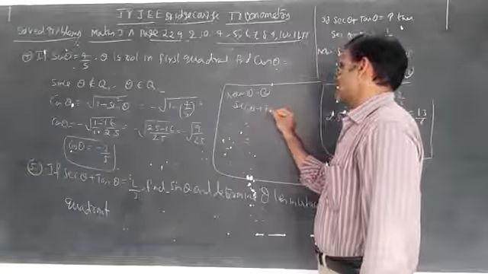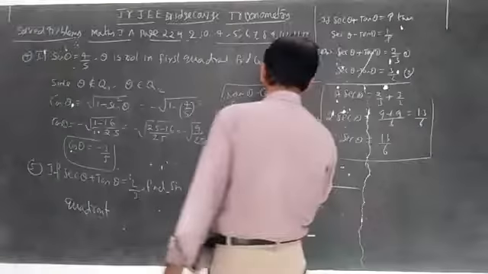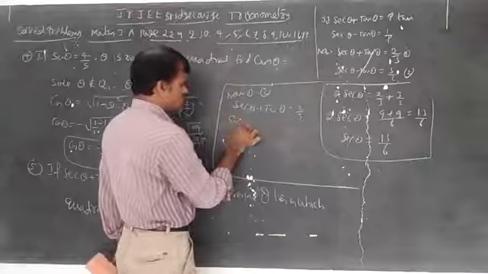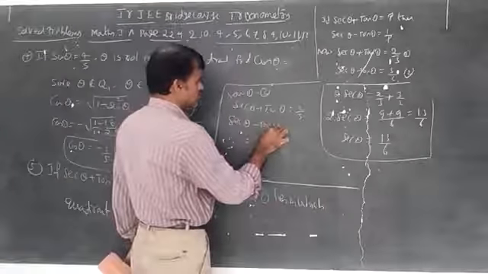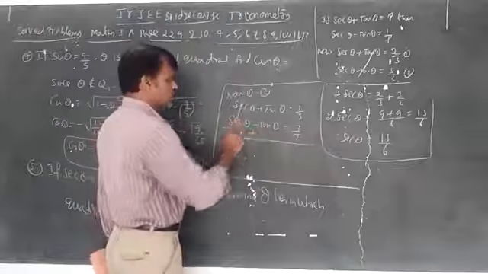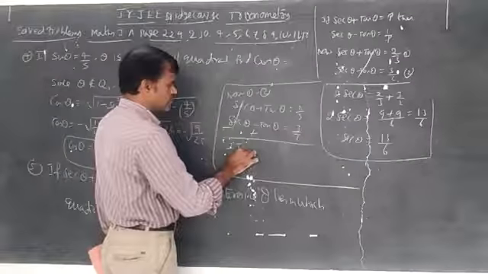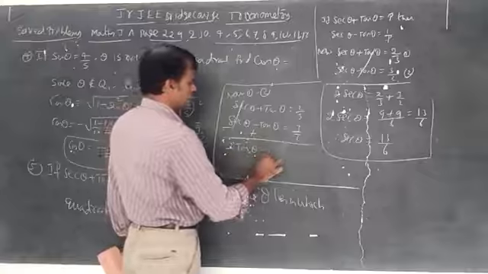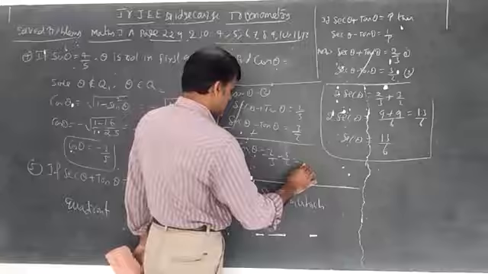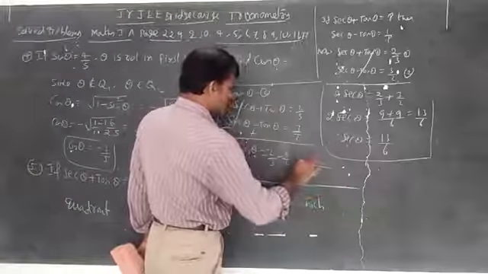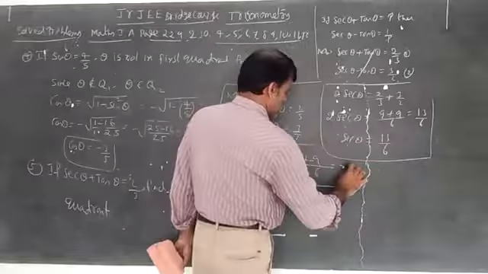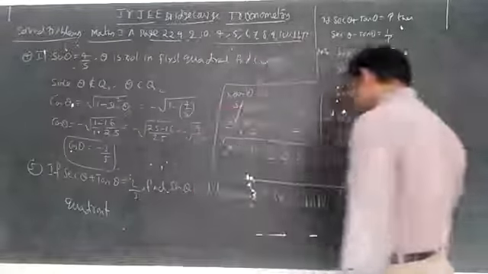Secant theta plus tan theta is equal to 2 by 3, and here secant theta minus tan theta is equal to 3 by 2. Subtract, it becomes minus and this is plus. You can write 2 tan theta is equal to 2 by 3 minus 3 by 2. So by taking LCM, here it is 6, this is 4 minus 9, minus 5 by 6.